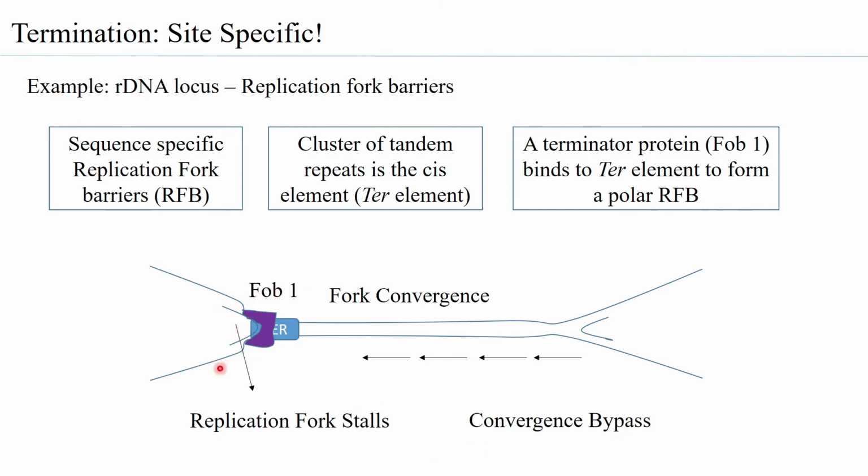So you can have this replisome machinery present over here continue to synthesize this template, and the replisome complex present over here can continue to synthesize this portion from here on. So therefore, there is a convergence bypass that happens over here and replication concludes.